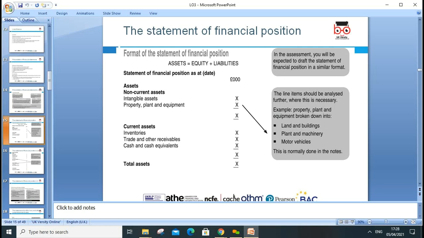Then trade and other receivables: if you're selling things on credit, your receivables keep fluctuating, and your cash balance keeps fluctuating within 12 months. So these are called current assets, also known as short-term assets. You're not using them forever and their balance does not stay the same. But the fixed asset, which is non-current asset, can stay the same, and we calculate depreciation based on the non-current asset. Is it okay? Any question?